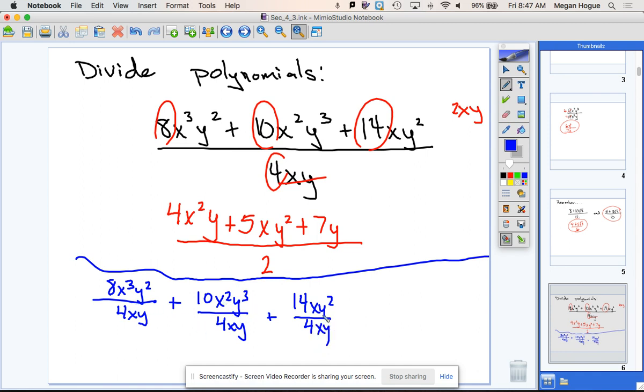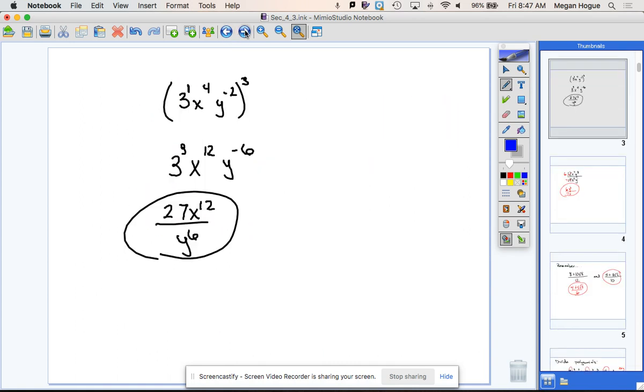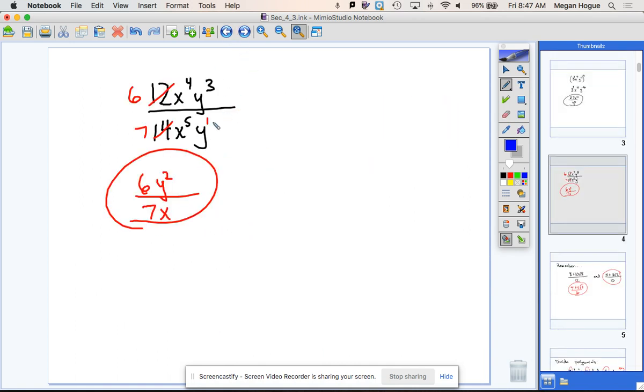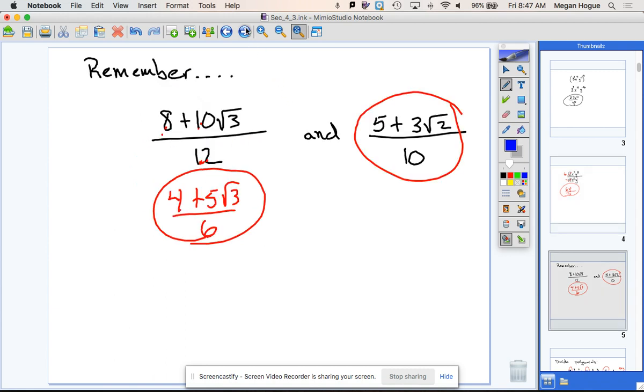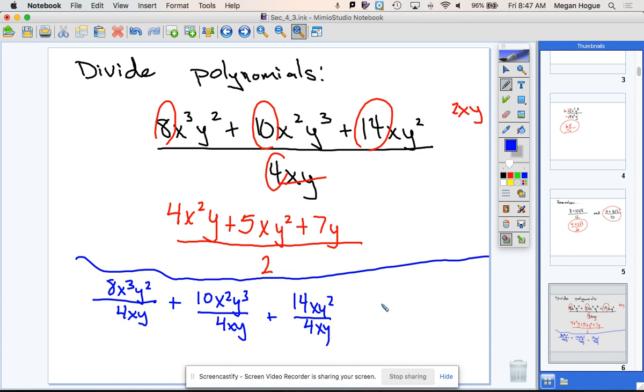And I can do each one by themselves. Then it really looks like three of those problems separately. Part of the reason I don't like this is, watch what happens.